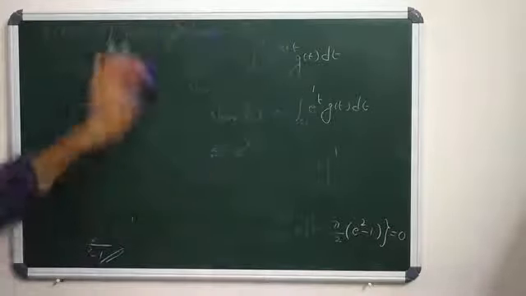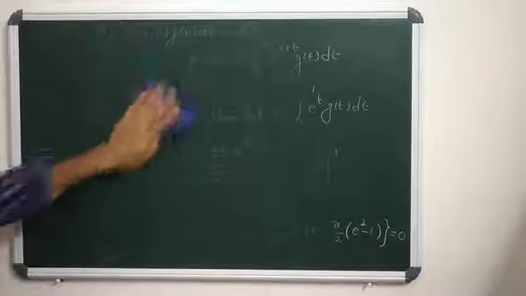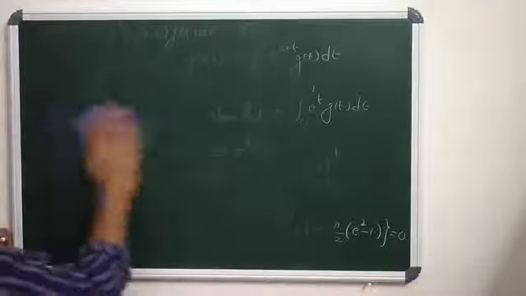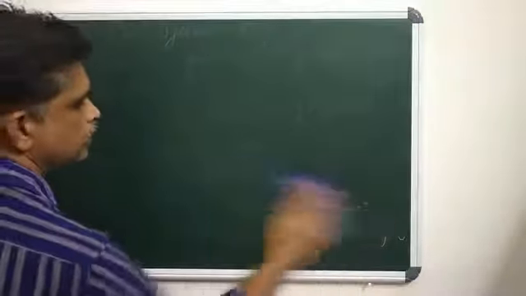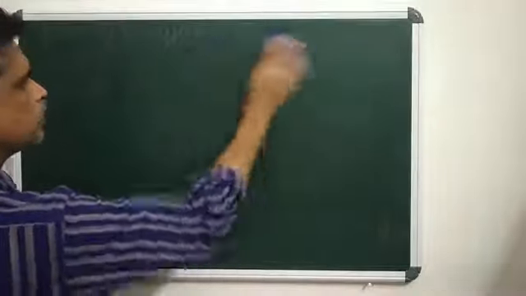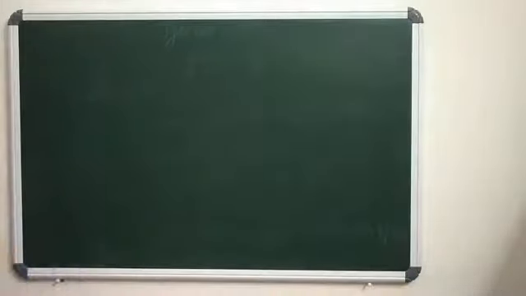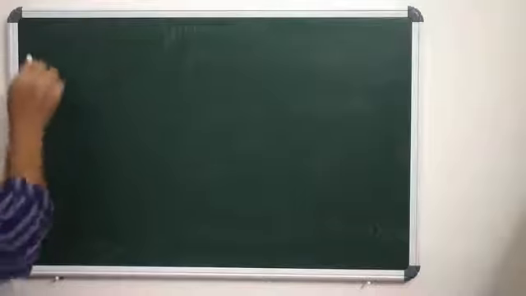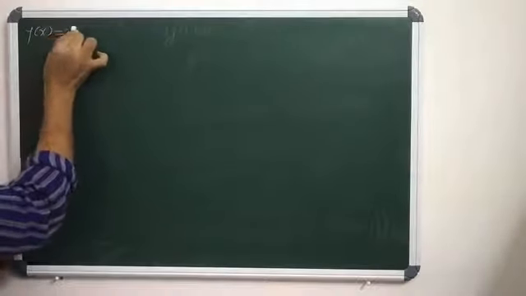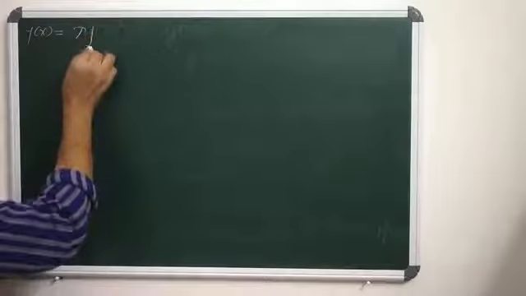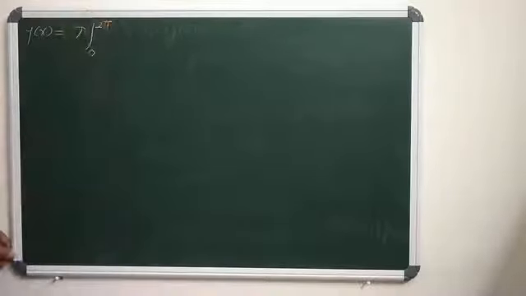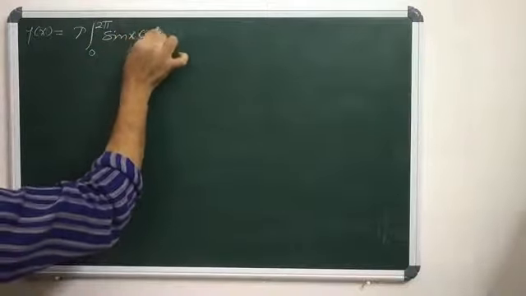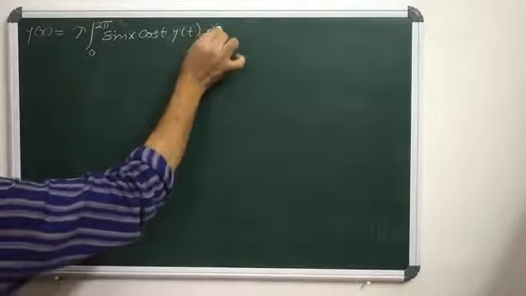Now consider another equation. Find the eigenvalue and eigenfunction of the integral equation y of x equals lambda integral 0 to 2 pi sin x cos t y of t dt.